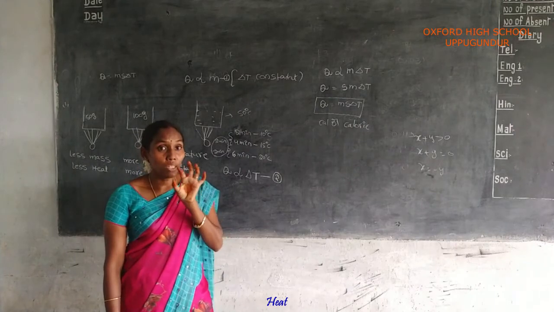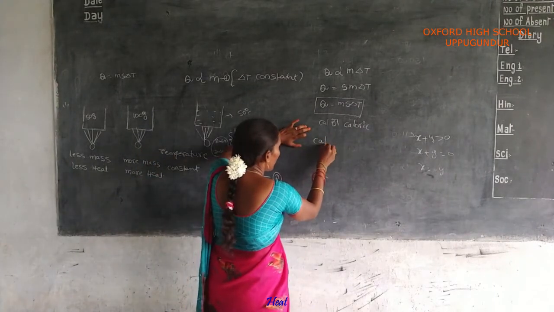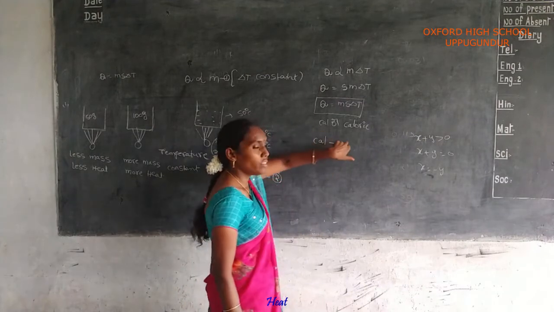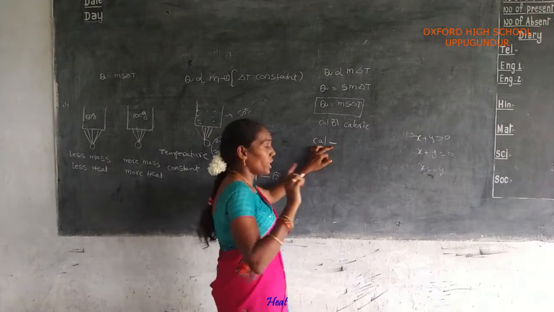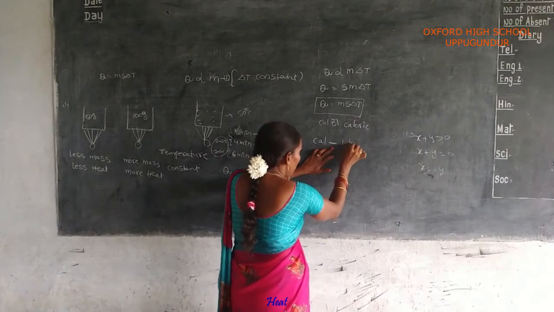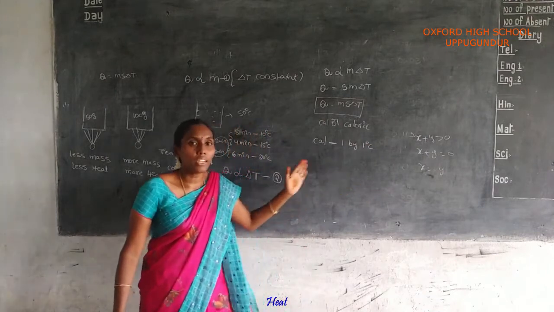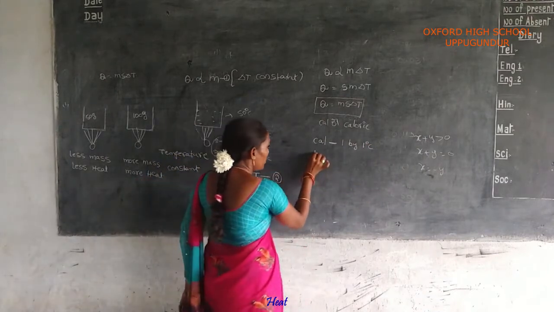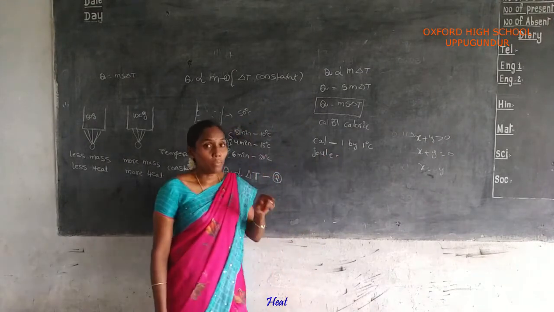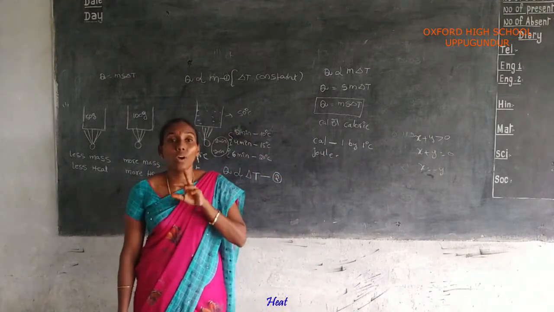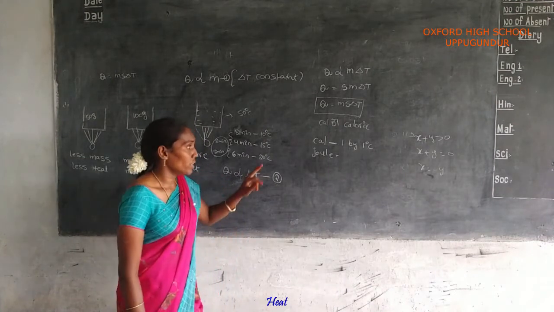Unit means 1. Calorie is defined as the amount of heat energy required by unit mass of the substance by 1 degree centigrade. Joule means the amount of heat energy required by unit mass of the substance by 1 Kelvin.